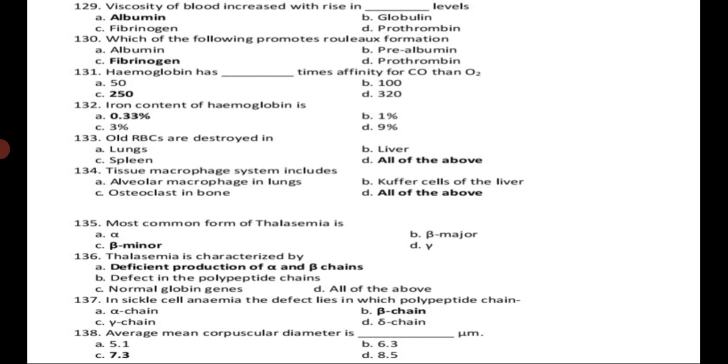It is called a point mutation in a gene, that is the HBB gene, the hemoglobin beta gene found in chromosome number 11, p15, that is the short arm of chromosome number 11. It is an autosomal recessive disease. So the answer of question number 137 is option B, that is beta chain.